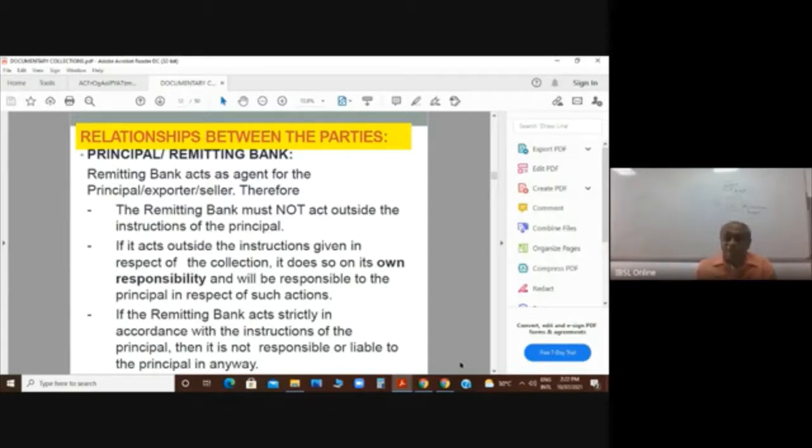Then it is your baby. If your customer doesn't pay on the maturity date, then you have to pay. You're responsible. If the remitting bank acts strictly in accordance with the instructions of the principal, then it is not responsible or liable to the principal anyway.